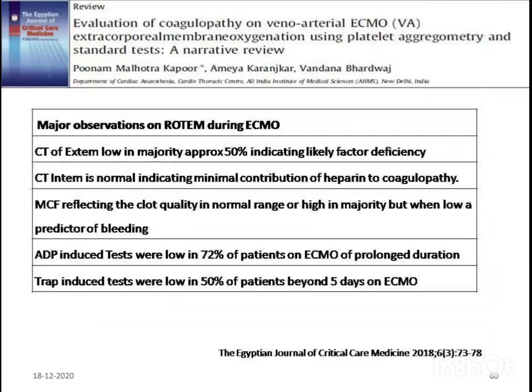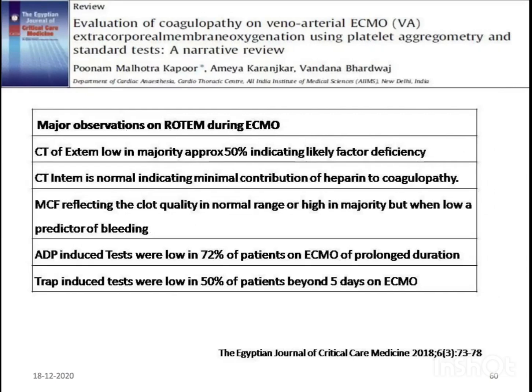What did we observe? Our major observations in ROTEM during ECMO is that CT of EXTEM is low in the majority, approximately 50%, indicating likely factor deficiency. CT of INTEM is normal, indicating minimal contribution of heparin to coagulopathy. MCF reflects the clot quality, in normal range or high in the majority.